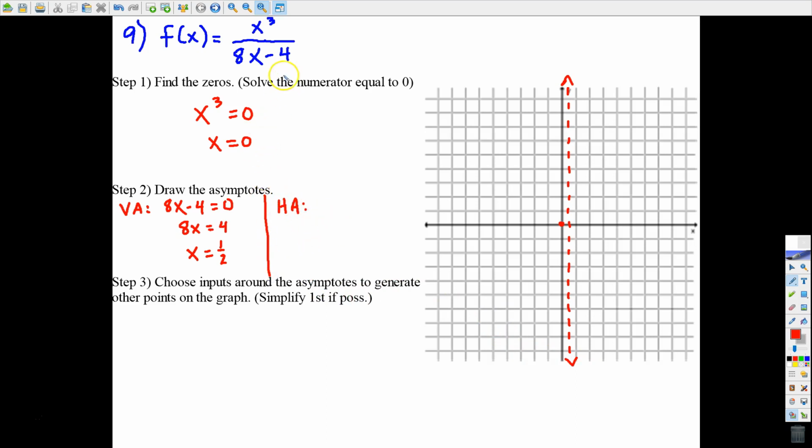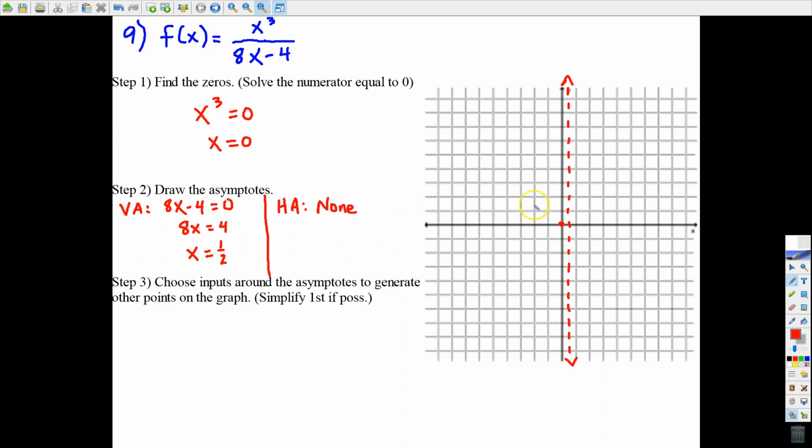A horizontal asymptote can be found by comparing the degrees of the numerator and the denominator. And to find the degree, you look at the highest exponent for the variable. So the degree of the numerator is 3. The degree of the denominator is 1. So we saw in your notes that if the numerator degree is larger than the denominator degree, then you do not have a horizontal asymptote.